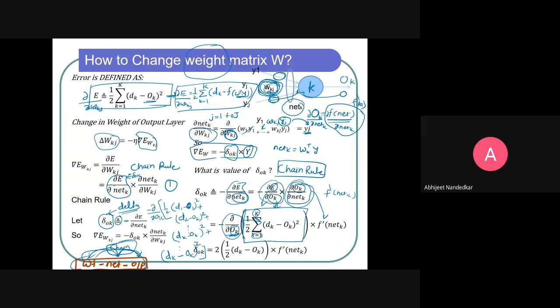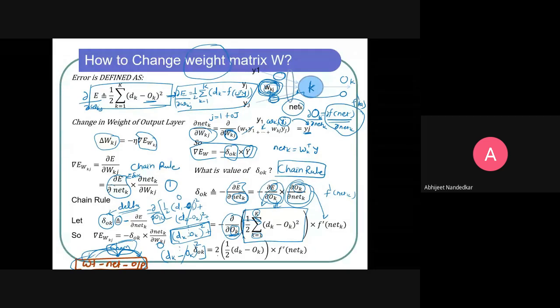Now when I differentiate with respect to small k, that is small Ok, only this term will remain in the output of this differentiation. All others will be 0. So you can see here the differentiation is 2 into minus half (dk minus Ok) into f dash of net.